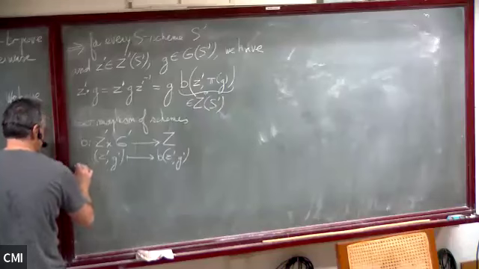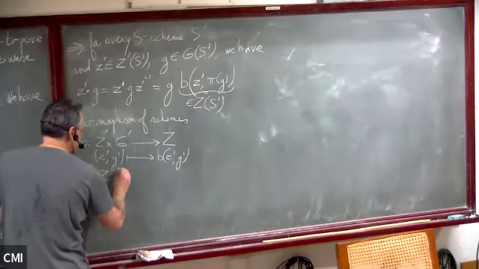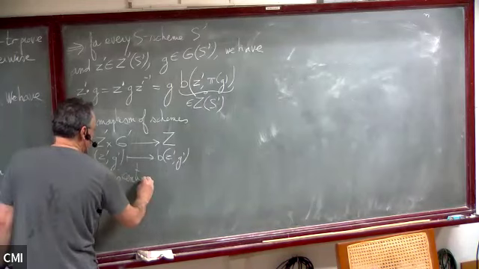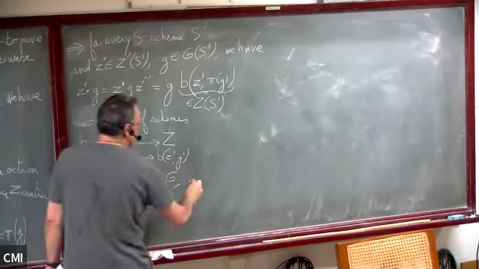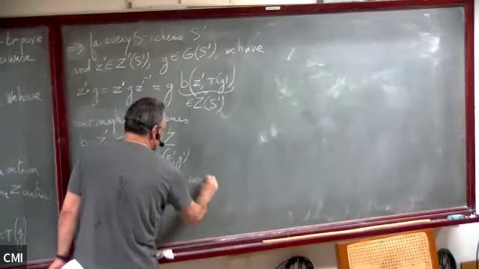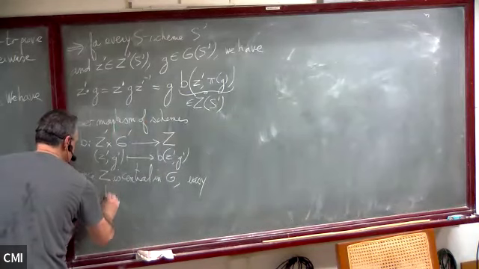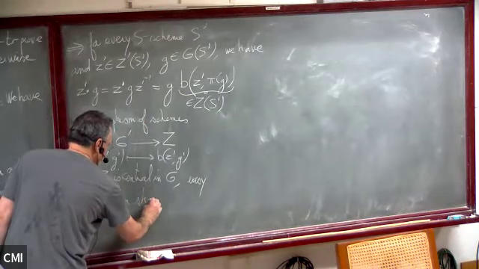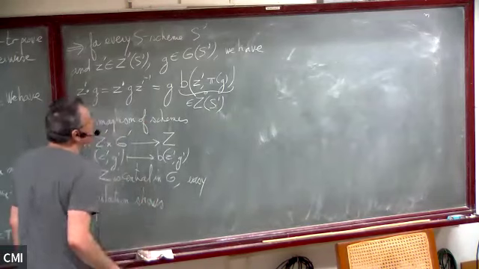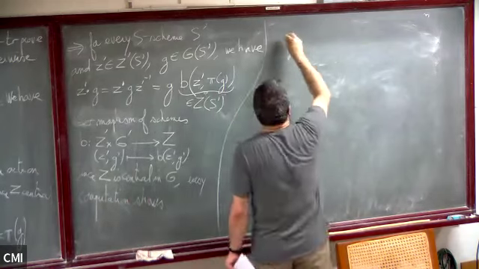And since Z is central in G, then an easy computation shows that B is multiplicative.